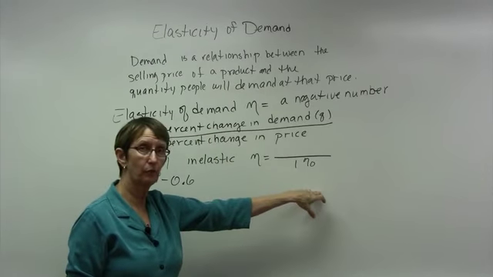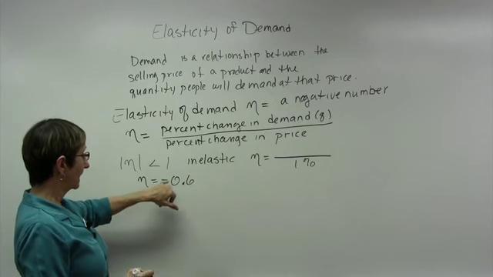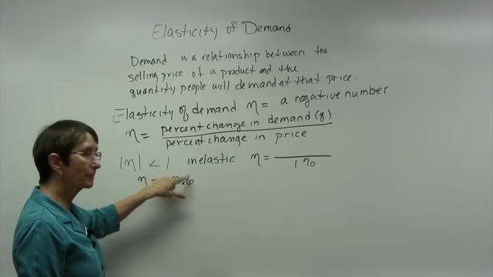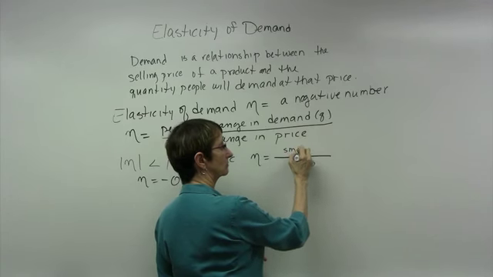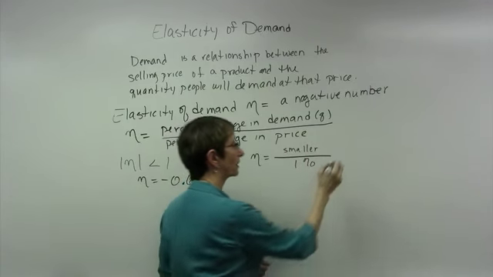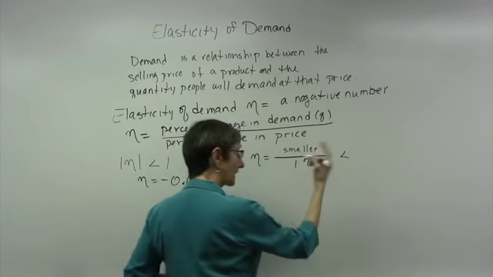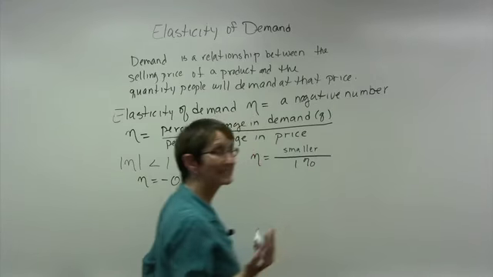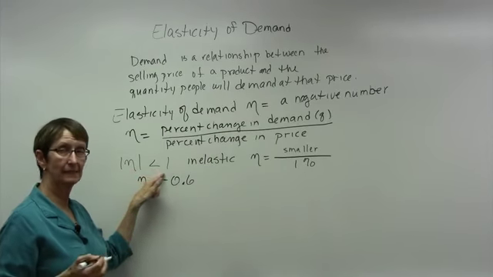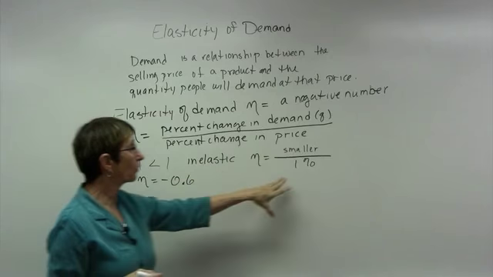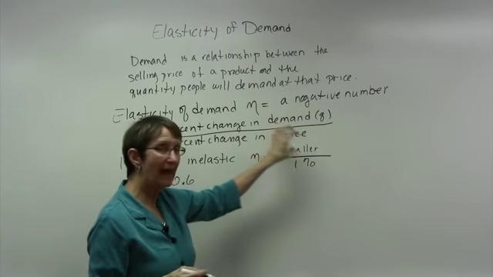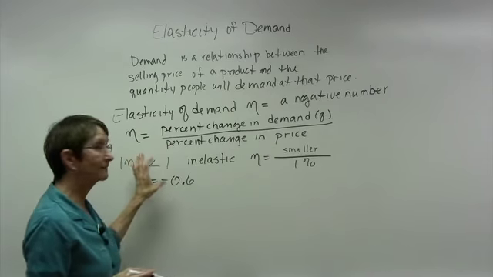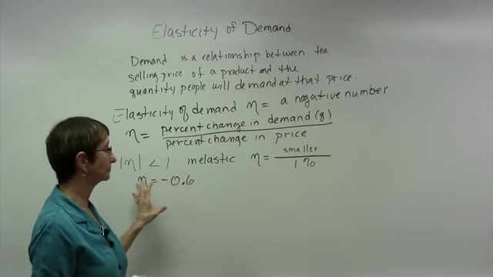That's an increase of 1% in the price. Then if I'm ending up with a decimal, my numerator has to be smaller, so that the absolute value is less than 1. So for a 1% change in price, my numerator will have to be smaller if it's inelastic.